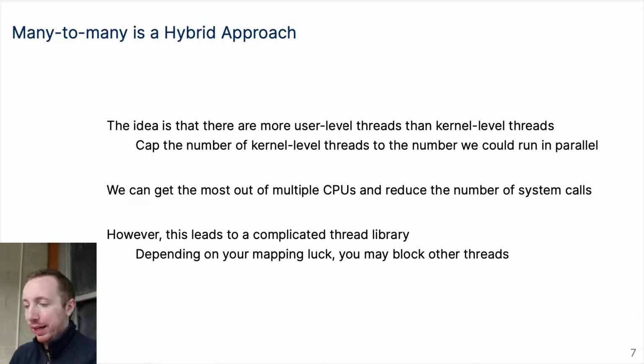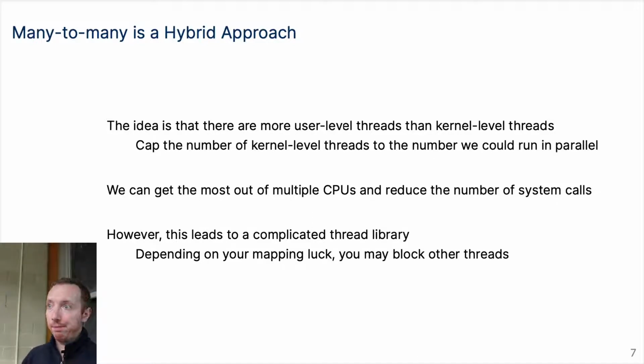So the many-to-many is a hybrid approach. So the idea is that I might want a lot of user-level threads and more of them than kernel-level threads. So if I only want to ensure that I have parallelism and say each thread is really, really expensive to create, well, then I'll just create the number of kernel threads equal to the most parallelism I can get out of my machine.